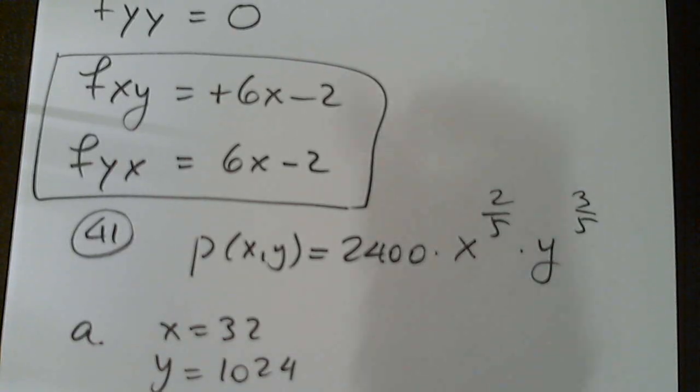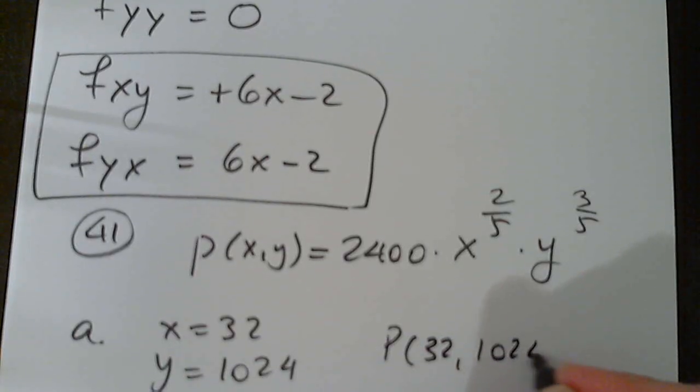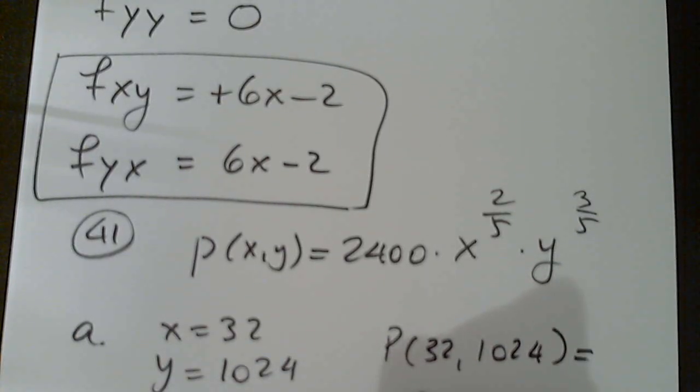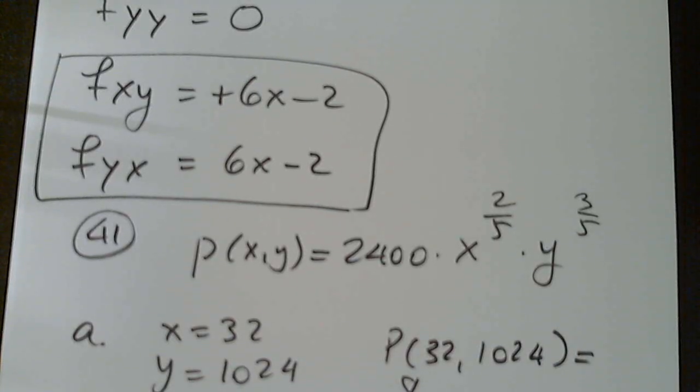Okay. So P of 32, 1024 is 614,400. Again, next question.